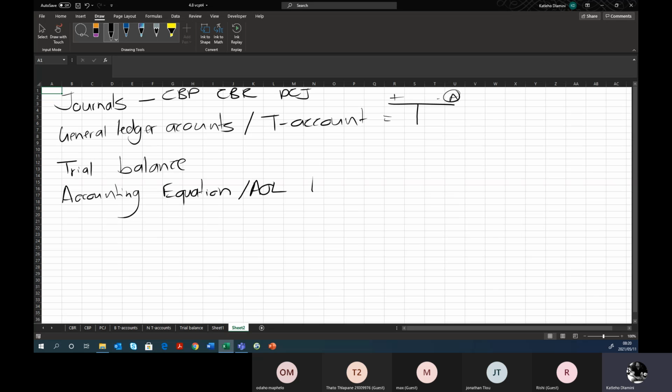You'll either get the full AOL that has a debit side, a credit side, assets, owner's equity, liabilities, or you'll get the shortened version that only has assets, owner's equity, liabilities, okay? So know both of them.